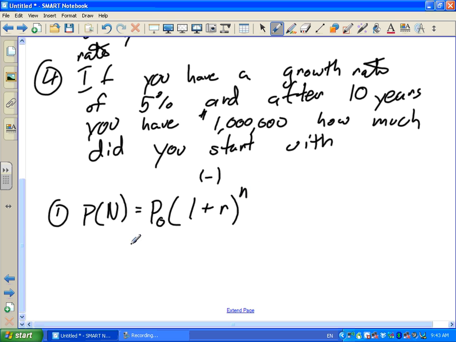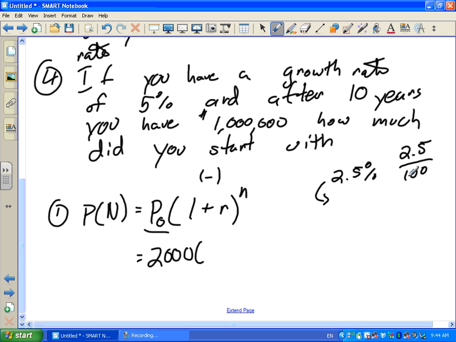It says we start with $2,000. That's our P at 0. So we replace P at 0 with $2,000. The growth rate is 2.5%, which we need to change into a decimal. To change that into a decimal, in case you don't know, just divide it by 100 in your calculator. You get 0.025.